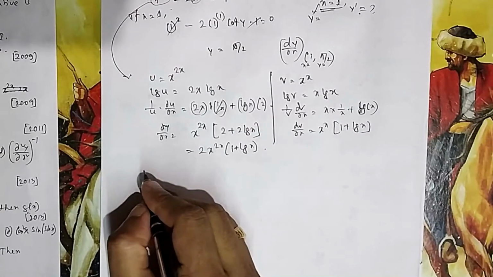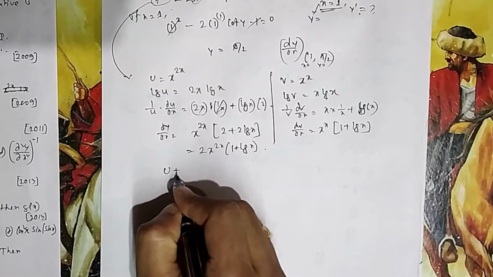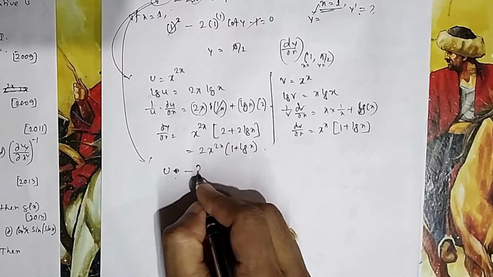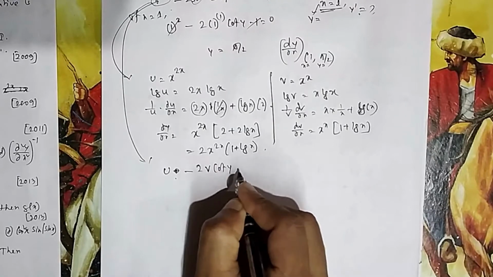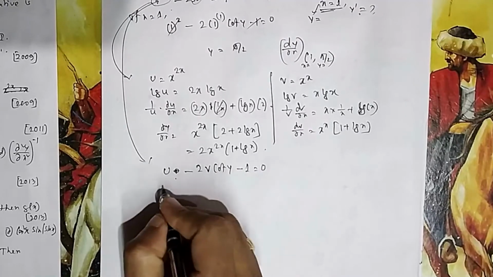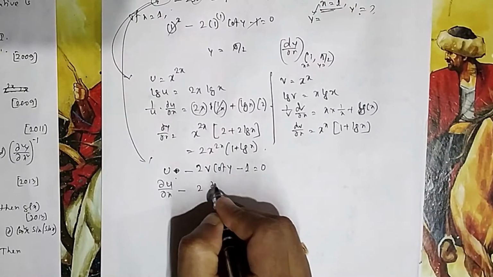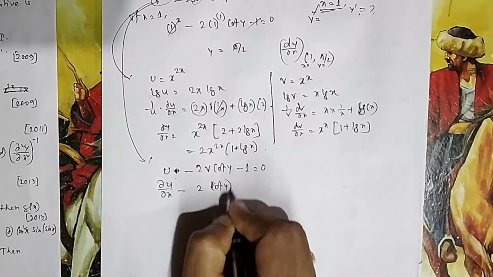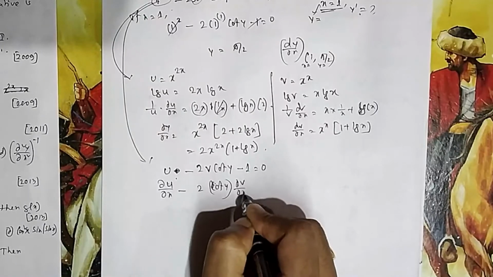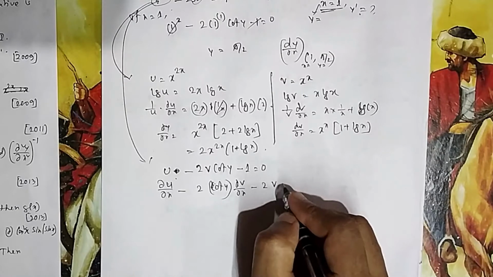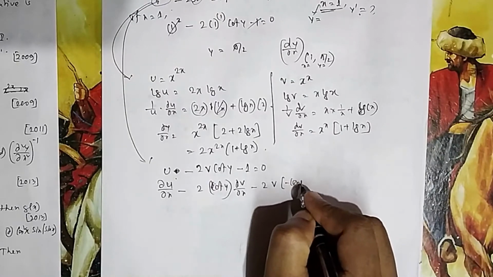So if you differentiate this one, that is, if I have taken this one as u, and I am writing this one as u minus 2v cot y minus 1 is equal to 0. So if you do differentiation, then it is du/dx minus 2. First if you take cot y constant, then it is dv/dx, minus 2. If you take v constant, then the differentiation of cot is minus cosec square y, minus 0 equal to.